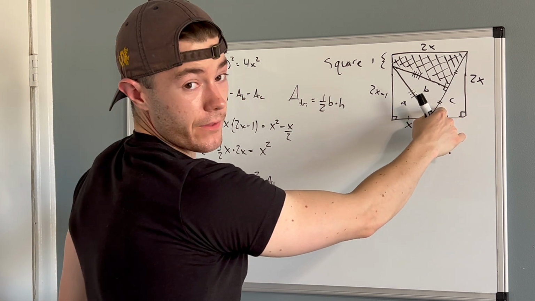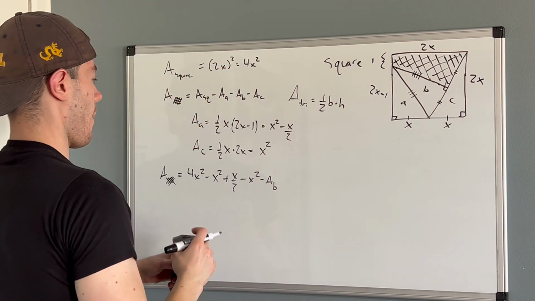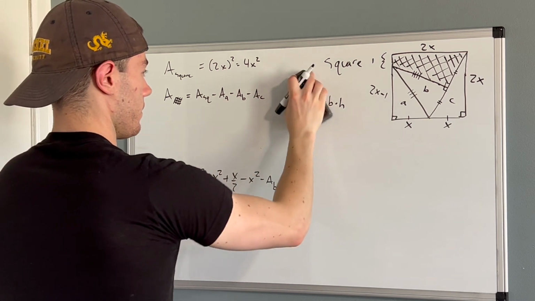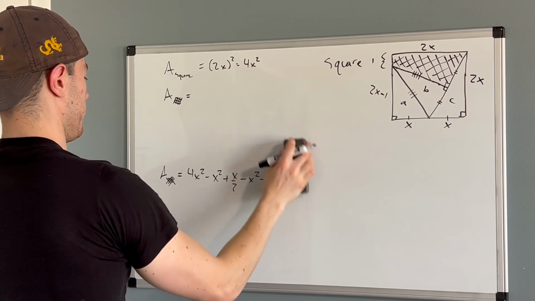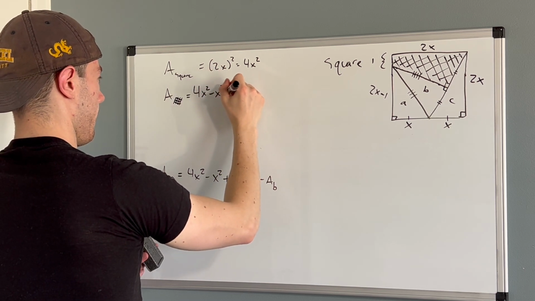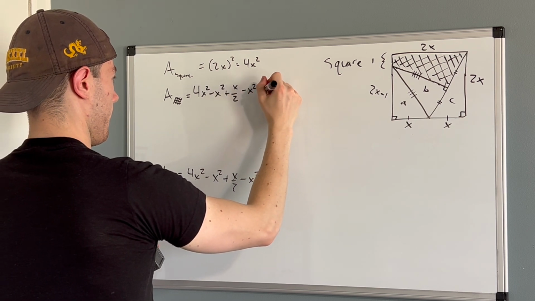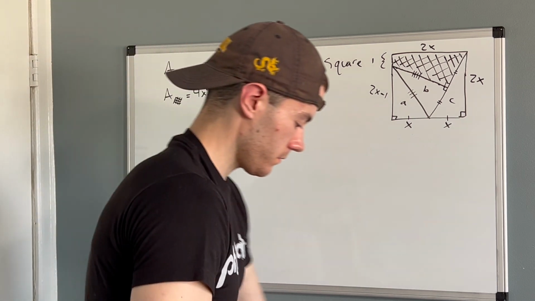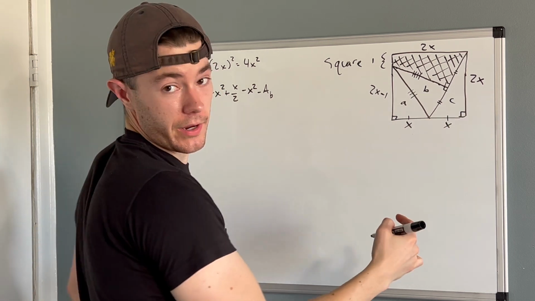It's equal to 1/2 the hypotenuse of triangle C. So remember Pythagoras' theorem.